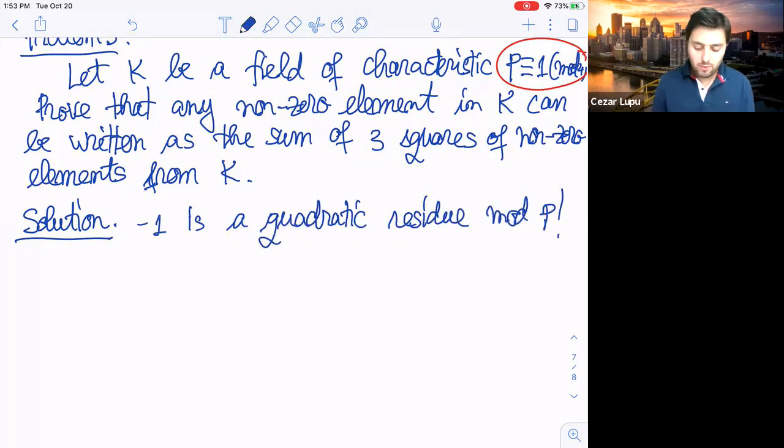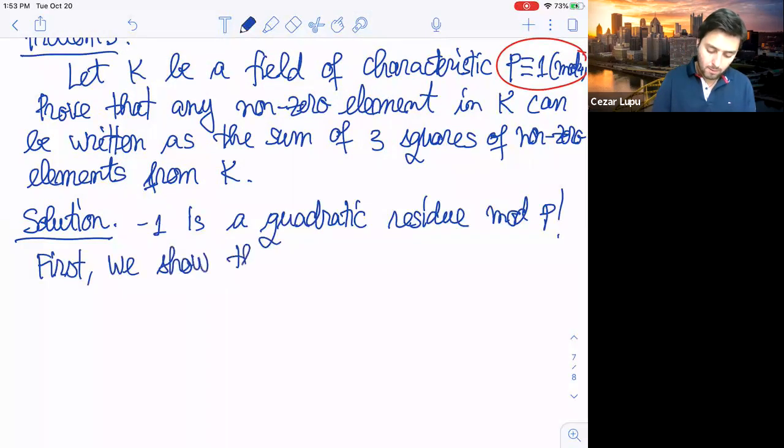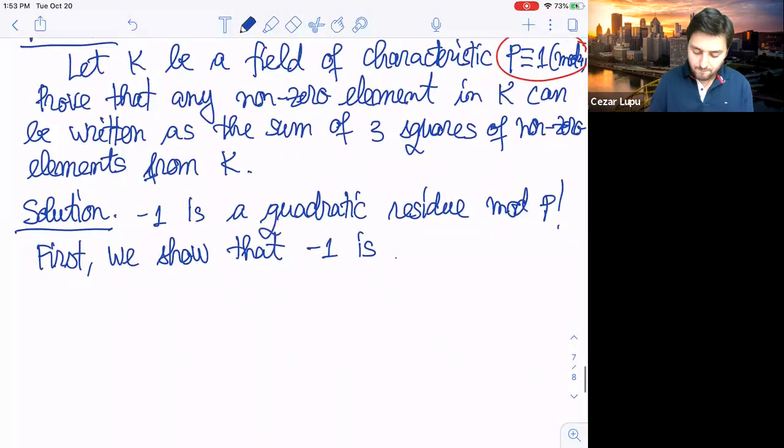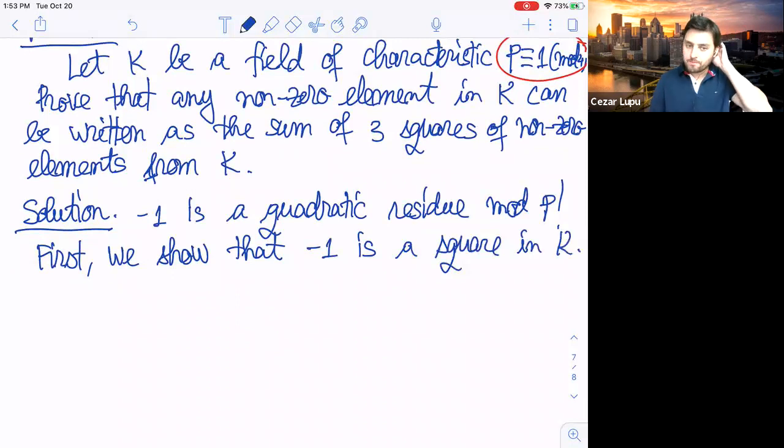So now you prove that. First, we show that -1 is a square in K. And the way we do this is the following.